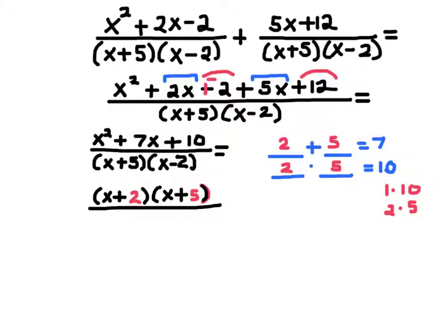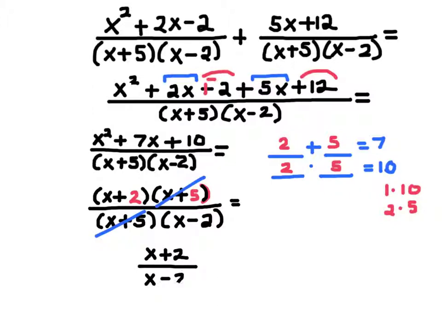The denominator is x plus 5 times x minus 2, not plus 2. Okay. So what's going to cancel out here? The x plus 5s are going to cancel out. And our solution is x plus 2 in the numerator and x minus 2 in the denominator.